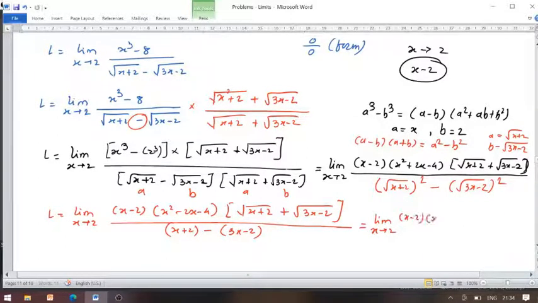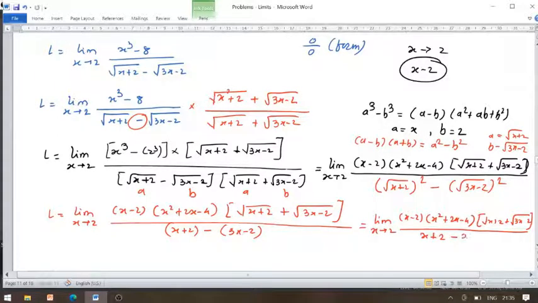So (x minus 2) into (x square plus 2x plus 4) into that irrational function, root of (x plus 2) plus root of (3x minus 2), whole divided by. Now open the brackets from the denominator.